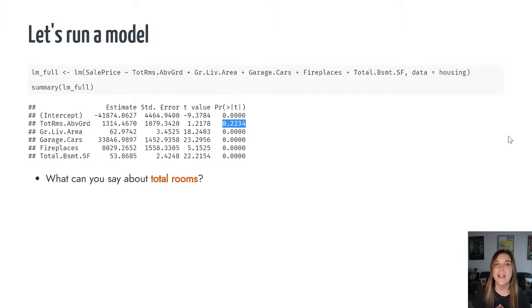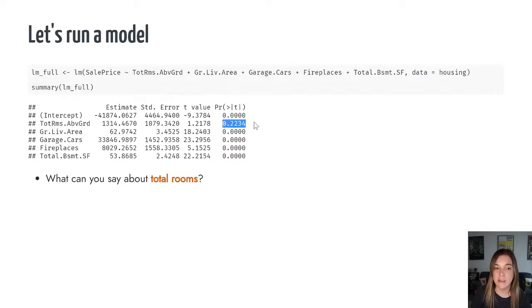The problem here is that in this regression, we're also including the size of the house, the living area, and that is also capturing already a lot of the association that total rooms and price have with each other, okay? So if you go to the code for week 3, you can run this same regression, but now exclude living area. What happens now to the coefficient of total rooms?